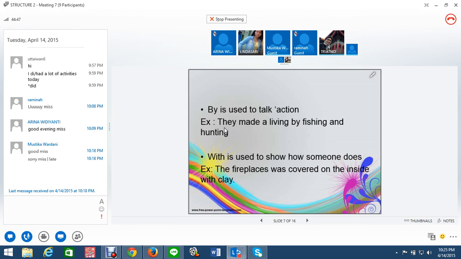Hunting itu berburu, or yes, to find something. Hunting food, hunting pakaian. Jadi it means that you are going to find something. It can also mean that they are going to take a picture.